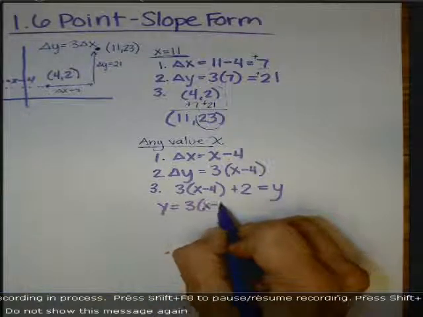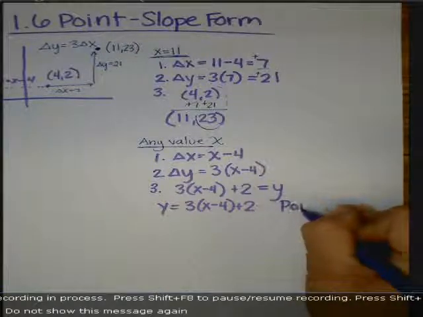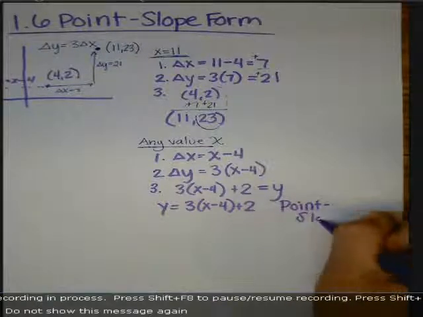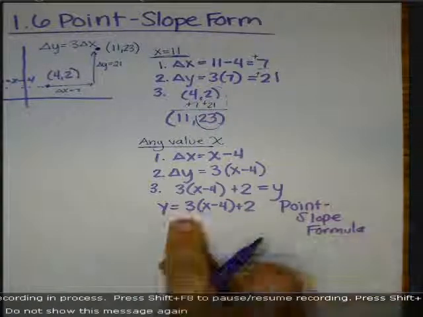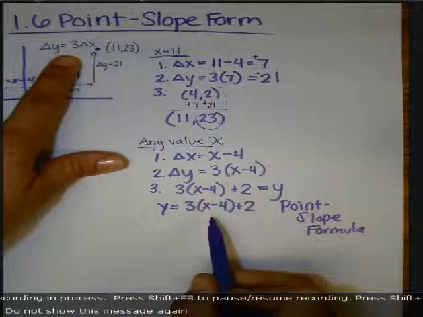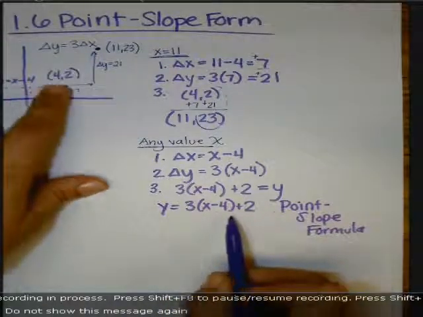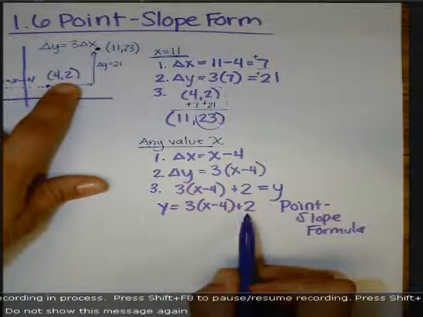Let me rewrite that. What we really discovered here was the point slope formula of this line. My slope is the 3, the constant rate of change. And then my x minus 4 plus 2, positive 4, positive 2, there's my original point.